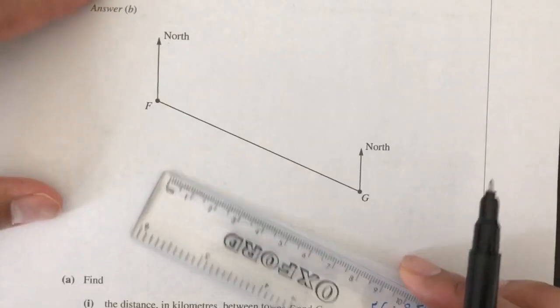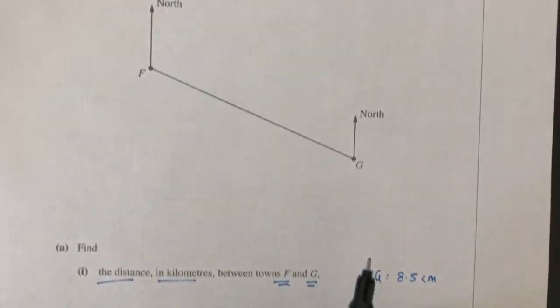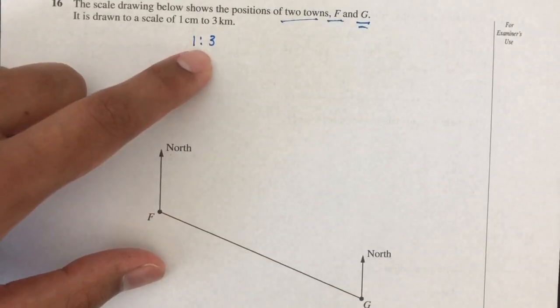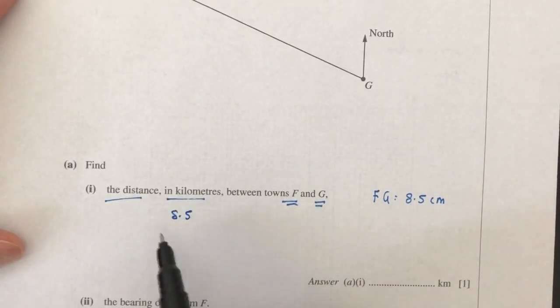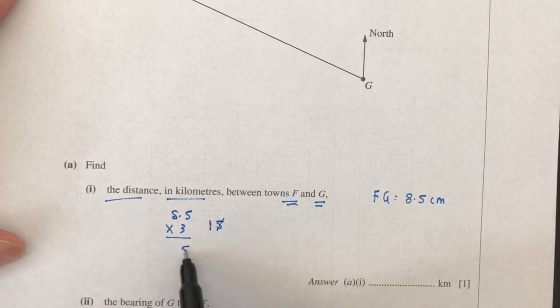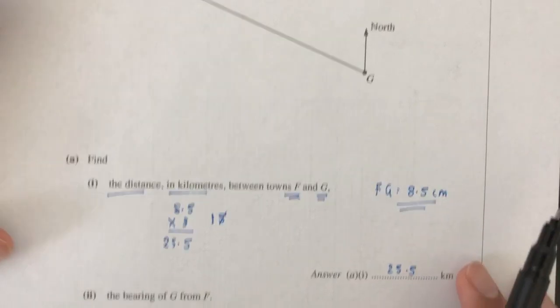You have to measure FG, and then find the value, and then use this scale, which is 1 centimeter to 3 km. So we do this value 8.5 times the scale. So for me it will be 25.5. For you it will be different. It may be 25 or 24, but it will be different than mine.